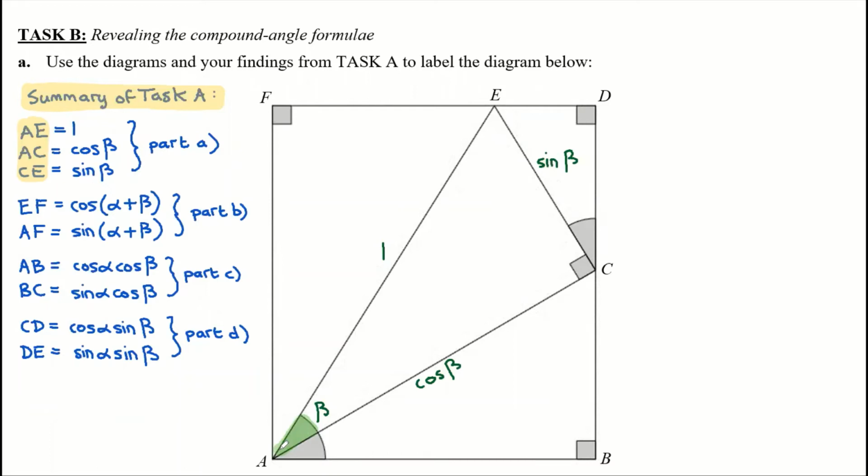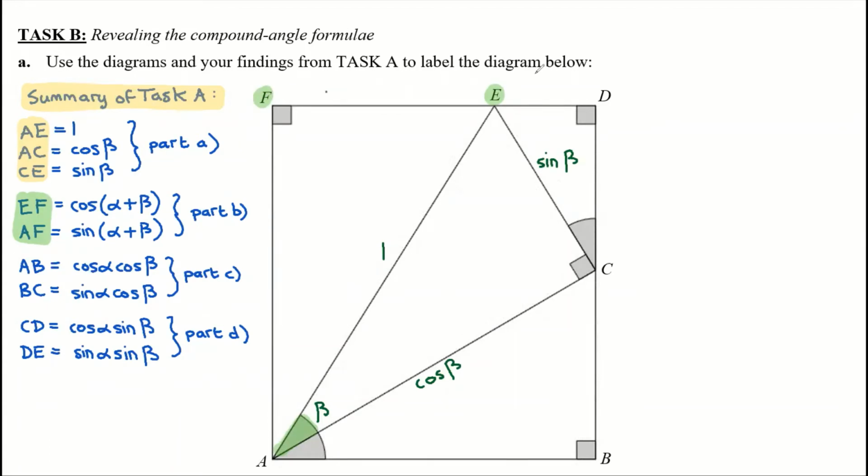Let's move on to part B, and we've got EF and AF. Well, EF, as you can see, it's reversed. EF is here, okay, and that's going to be the cosine of alpha plus beta. You'll see why in a second if you haven't seen already.